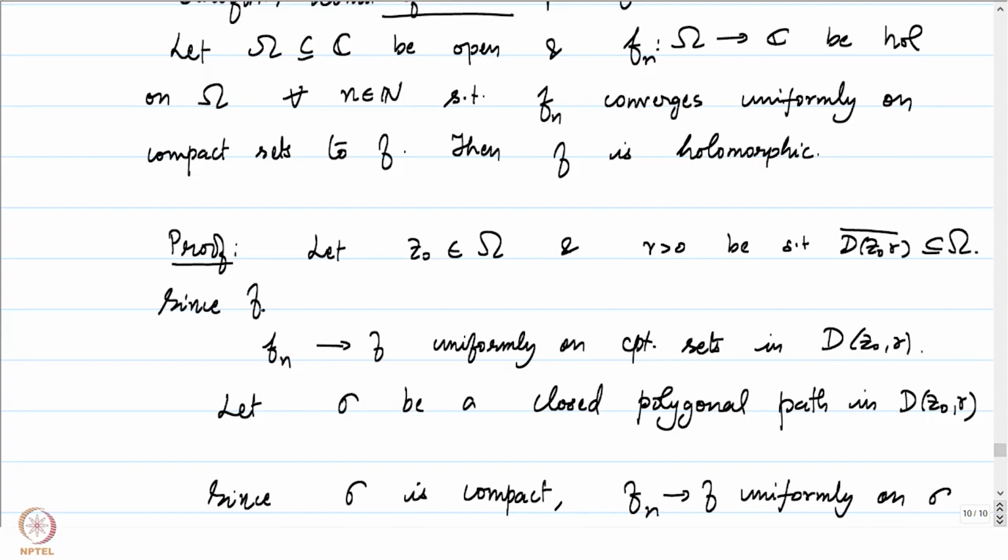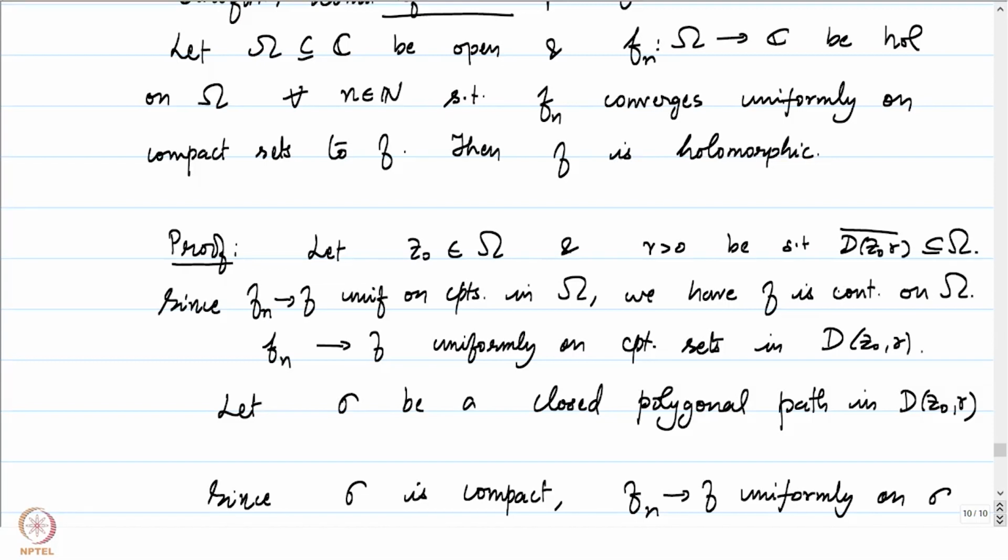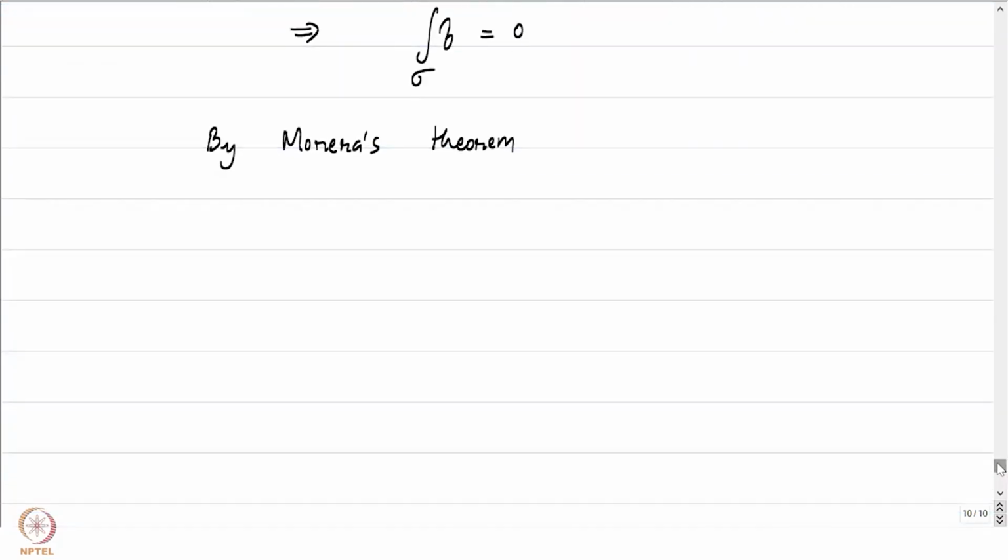Since fn's converge to f uniformly on compacts in omega, from our theory which we have developed in our real analysis course, f is continuous on omega. So we already have that hypothesis for free. So we can certainly now apply Morera's theorem to our function to conclude that f is holomorphic on omega.